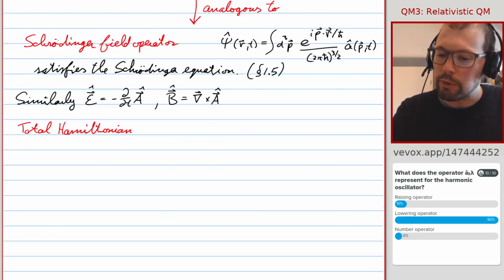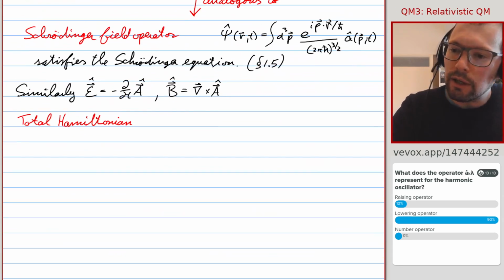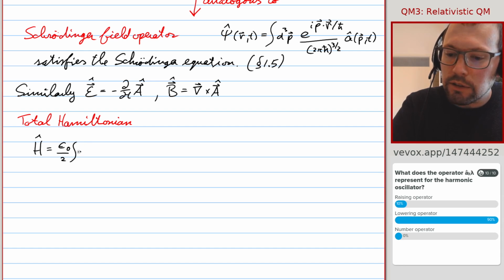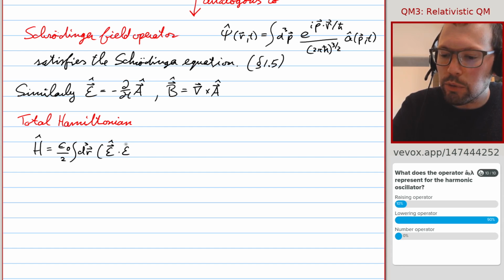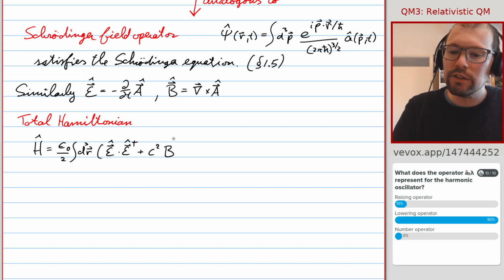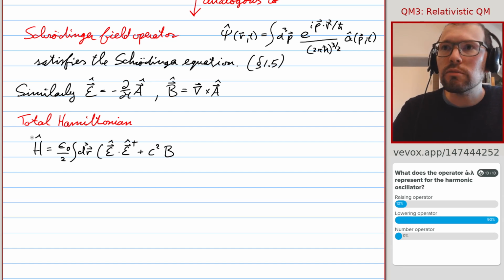But we can also start from the beginning. We can say we know what this Hamiltonian is in terms of the electric and magnetic field. So let's just put hats on everything and some daggers in the appropriate places, because we certainly want this Hamiltonian to be Hermitian.